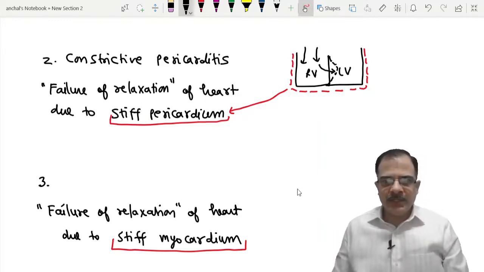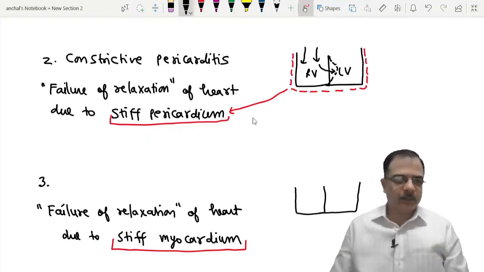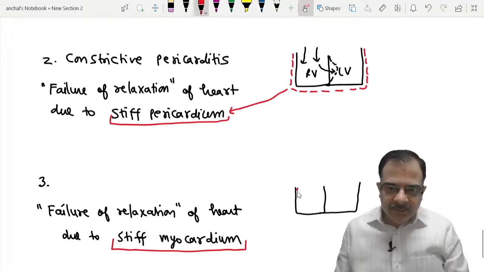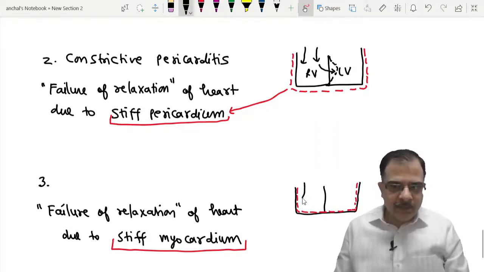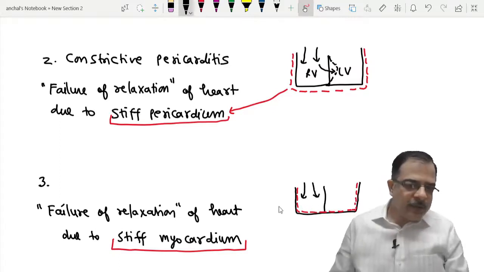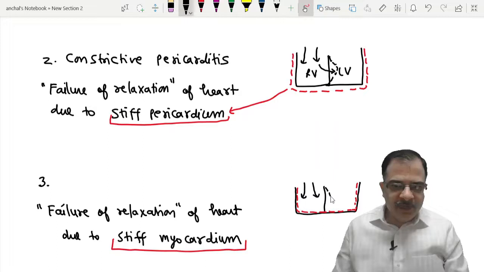So the visualization here is this. The stiffness is from inside, the myocardium is stiff. So obviously when more blood comes here, the right ventricle will not be able to relax, so the septum will bulge into the left ventricle like this.